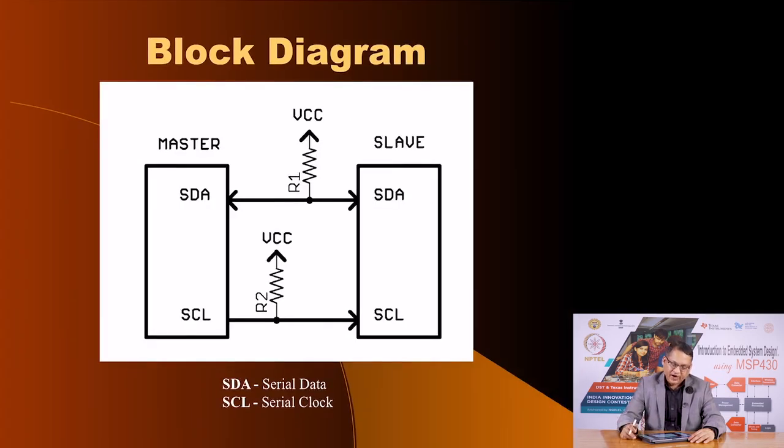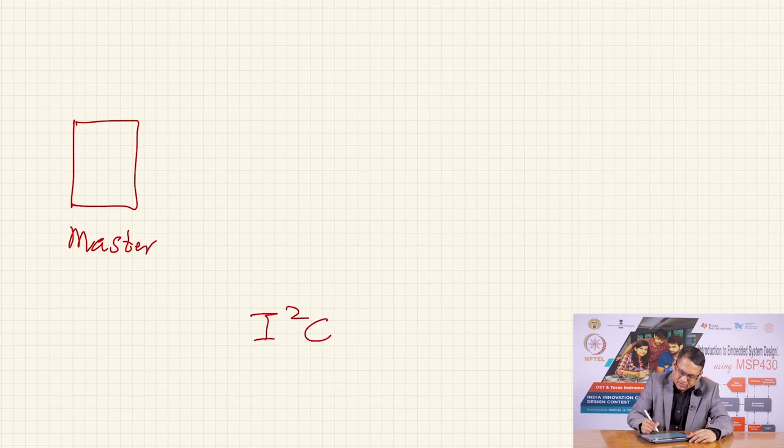Here is what is required. You only have 2 pins, one is called serial data and the second is called serial clock. The clock starts from the master, goes to the slave, and the data is bidirectional. The master starts the communication, the slave receives it, and then if required the slave can respond. Now, if you want to have multiple such devices, you can connect them to the same pins in the following way. Here is your master, and we are talking of I2C protocol.